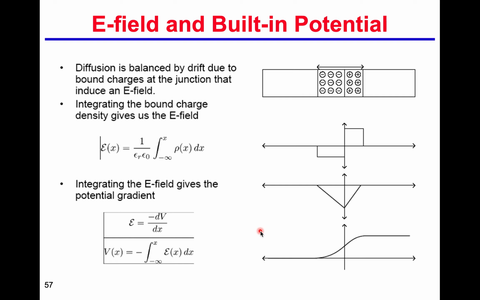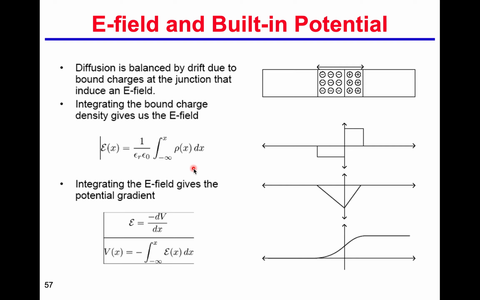And also we can calculate the voltage drop, or the built-in voltage, inside the depletion region, following the Poisson equation. So here's the Poisson equation. It's derived from electromagnetic theory, so that is a first principle equation.